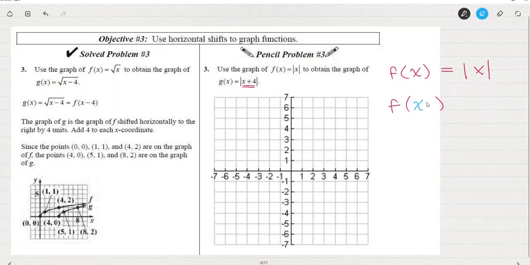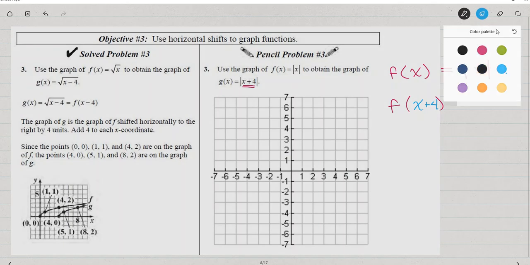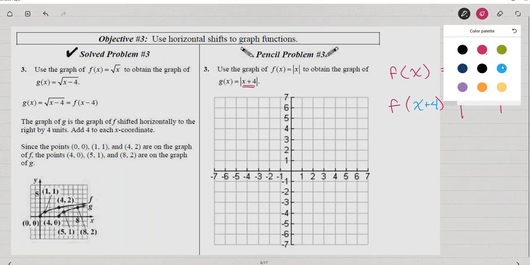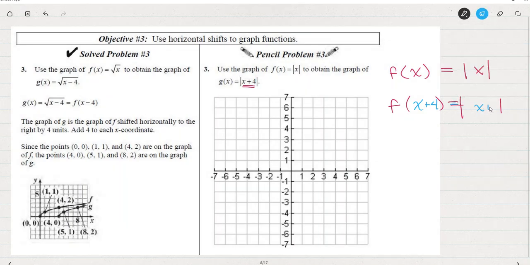It's not that we've got our function f of x and we're adding or subtracting something to it. It's what's on the very inside of the function that's being altered. So we have the absolute value of x plus 4. In other words, that shift is happening inside the function. When we see this, it's going to be a shift left and right.